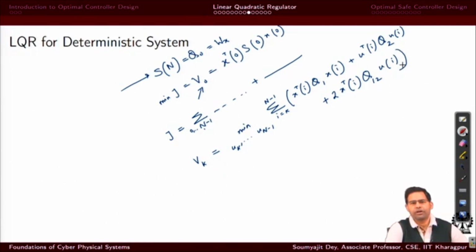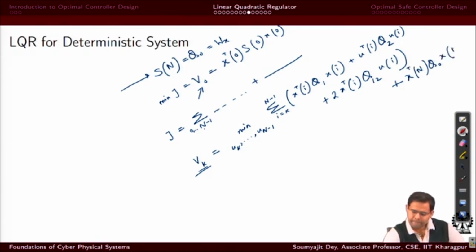Just consider we are taking it not from 0 to n minus 1, but from some kth step to the n minus 1th step. Then we start calling it V k, and of course, you have the nth step value.